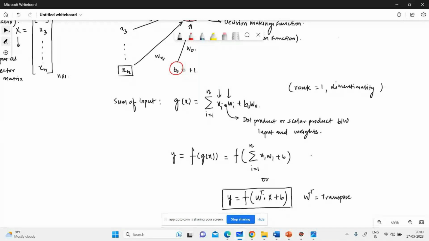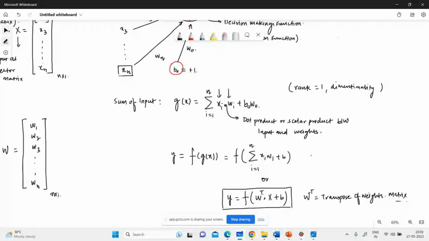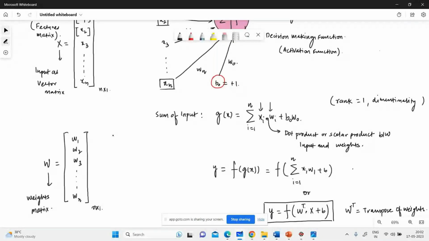It is the transpose of the weights matrix, that is W. If x is represented by this, capital W will be represented by this particular value. Again, it's an n cross 1 matrix. So this is your weights matrix, and the above was your features matrix. Is it clear? Moving to the next.